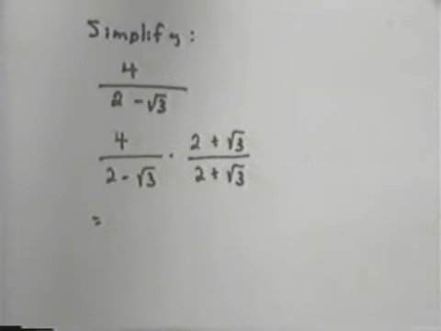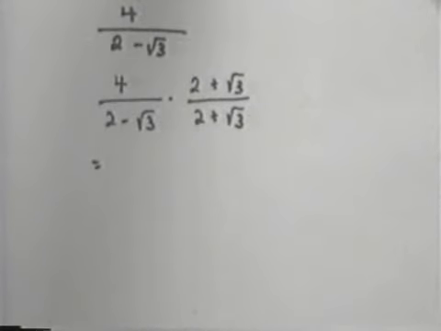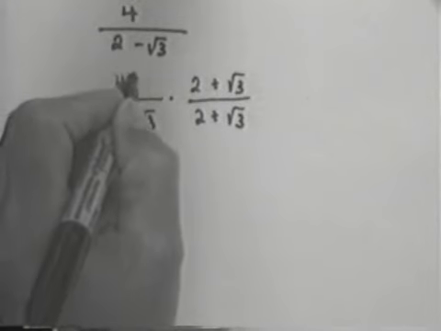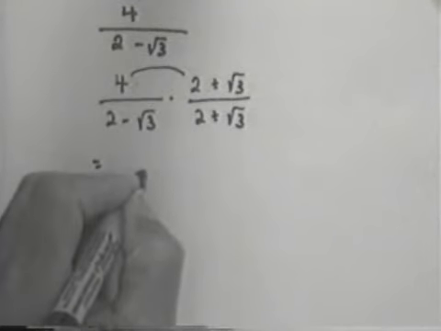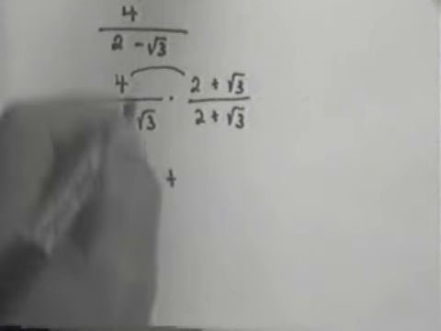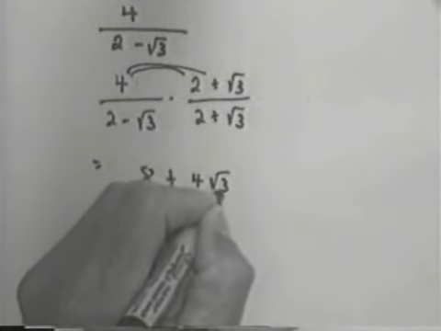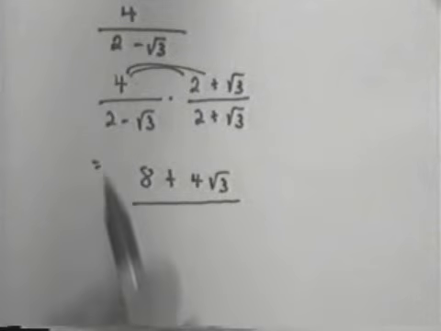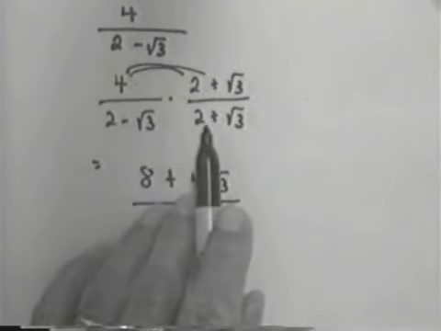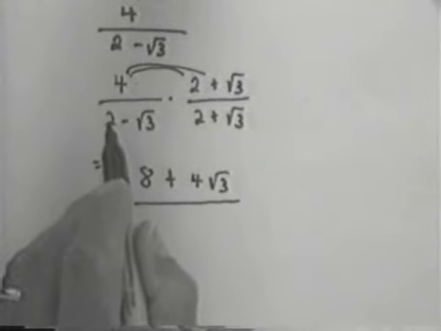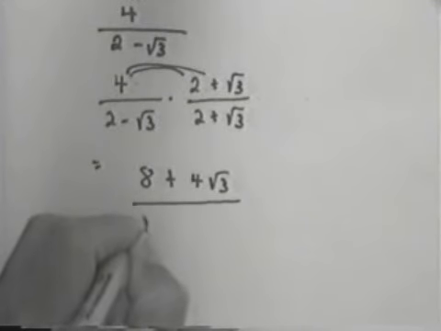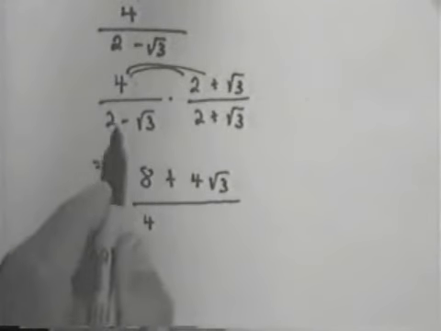I'm going to use the distributive property to multiply the numerators now. I'm going to multiply 4 times 2, which is 8, plus 4 times the square root of 3, which is 4 times the square root of 3. I'm going to use the FOIL method to multiply the denominators. The first, 2 times 2 is 4.